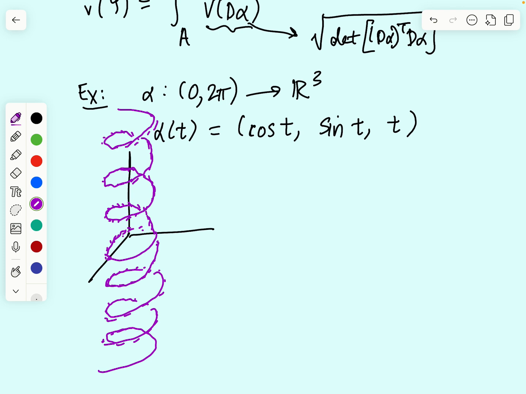But we're only looking at the part of the helix that corresponds to when t ranges from 0 to 2 pi. And so we want the length of that piece.